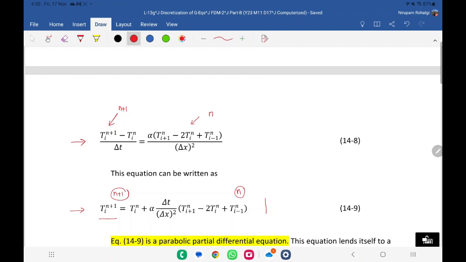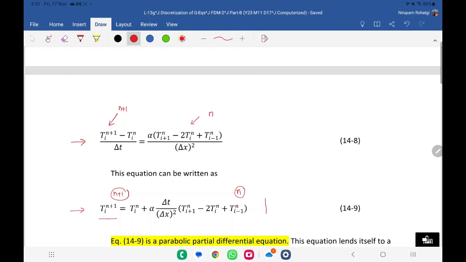So if you know the solution at step n, the right side is known to you. So each next step solution depends upon the previous step. It is called a marching solution. And this is an explicit formulation because all the terms on the right side are known.